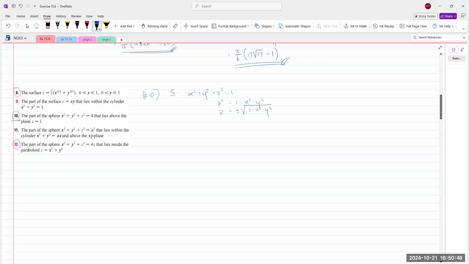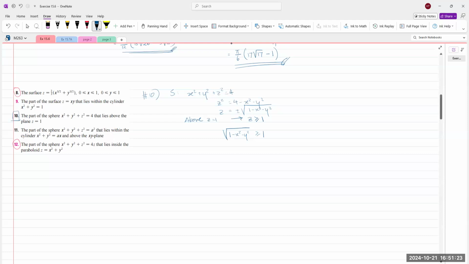But since it is above z equals 1, it means z is greater than or equal to 1. Now that implies we only take the positive branch, and even the positive branch should be greater than or equal to 1. I'm sorry, it should be 4 here.